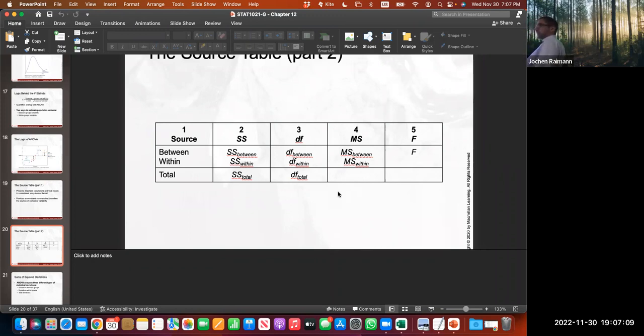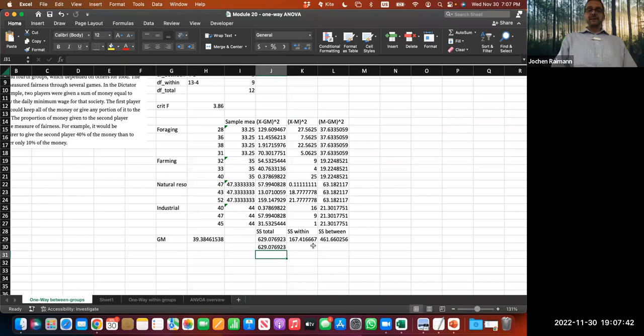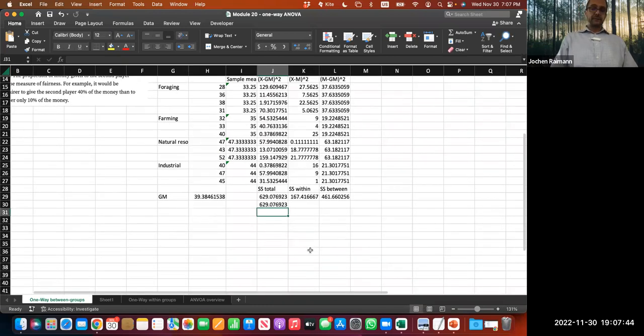This is also the table that each statistical software will provide you with: the sum of squares, the degrees of freedom, the variances, and the F. There is also the mean squared error, which essentially is nothing else but the variance.